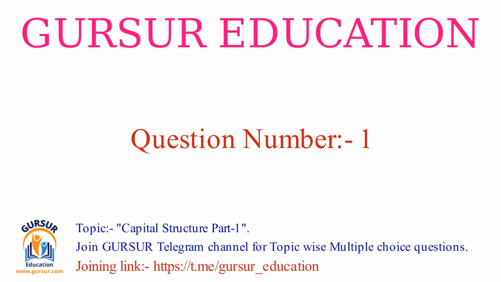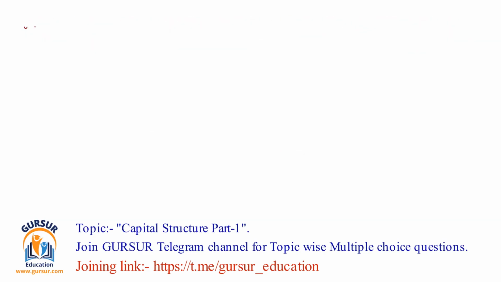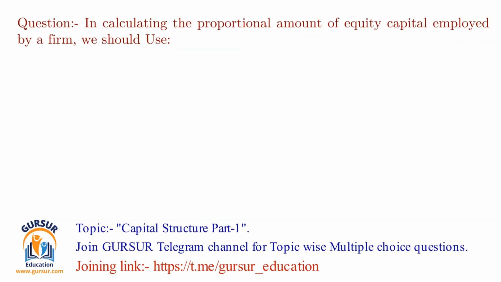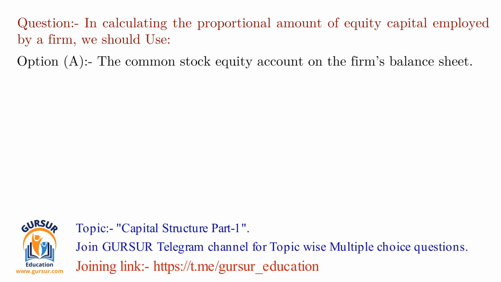Question number 1 is: In calculating the proportional amount of equity capital employed by a firm, we should use: option A, the common stock equity on the firm's balance sheet.